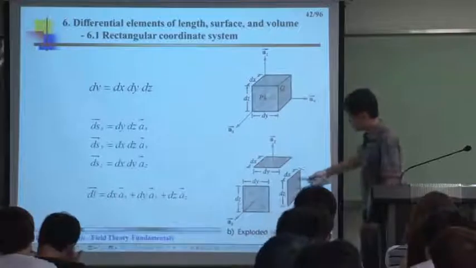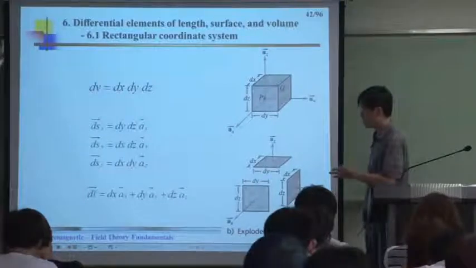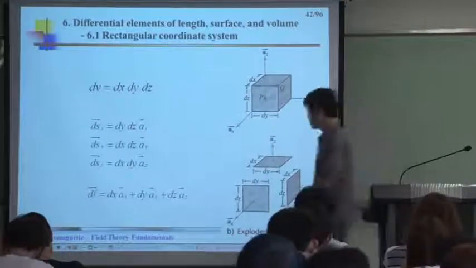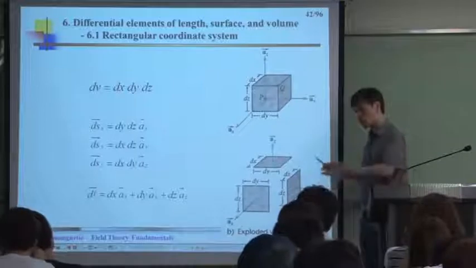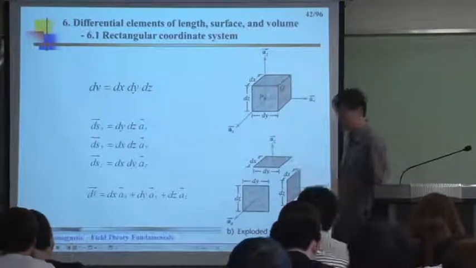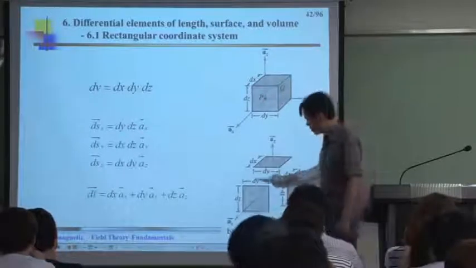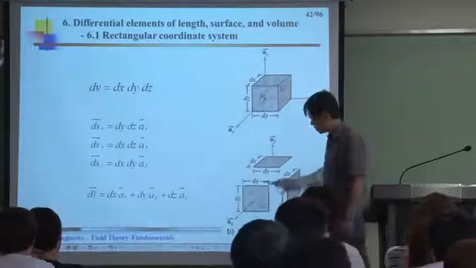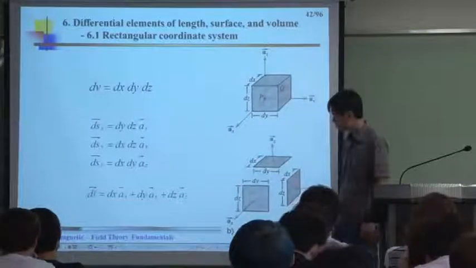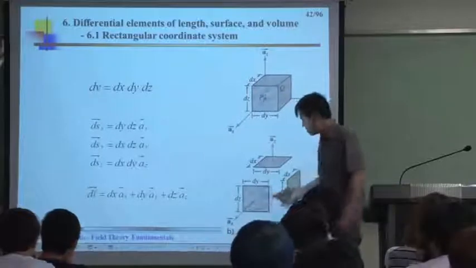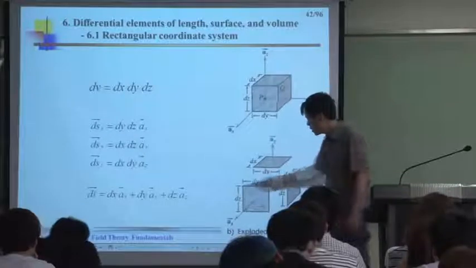And now let's think about the area. So when you do the surface integration, in case of the x, y, z coordinate, we can think about the three independently different directions. So, for example, this surface is normal to the x direction. So then this element has the scale of dy and dz.